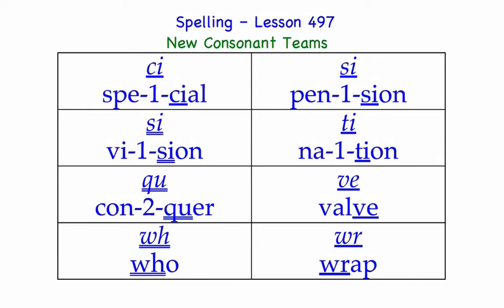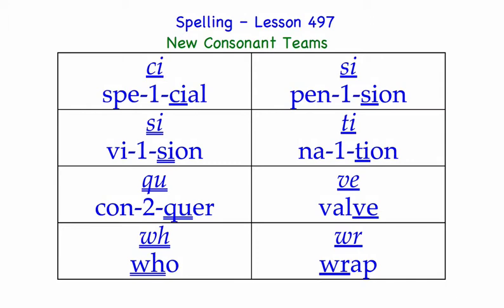Now, you notice SI has two lines under it as well in the word vision. In vision, SI is representing the sound zh, and when SI represents the sound zh, then you double underline it. Also, QU has two lines under it in this page, and if you look at the word conquer, QU is representing the K sound.